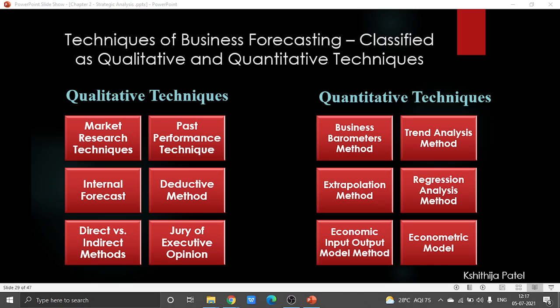So there are a number of variables which normally affect a business, and that may be in the business situation, or in the economic situation, or in the situation of the organization.